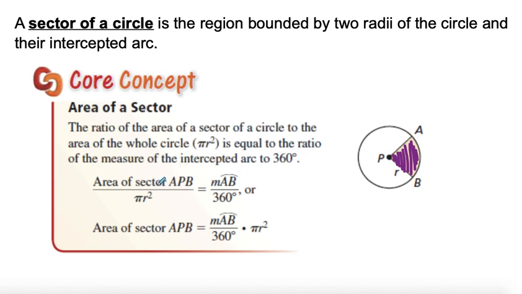So this is really similar to what we did yesterday. Instead of yesterday, we had the length of that arc over the circumference. Now we're just dealing with area. And then just like before, you can multiply this top by pi r squared to get this bottom equation.